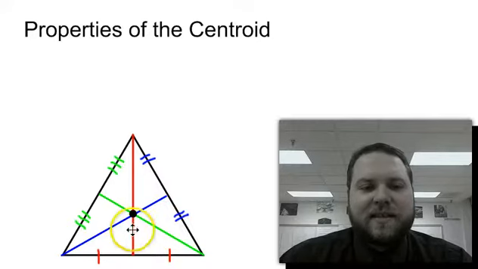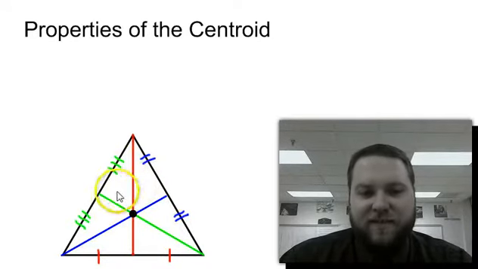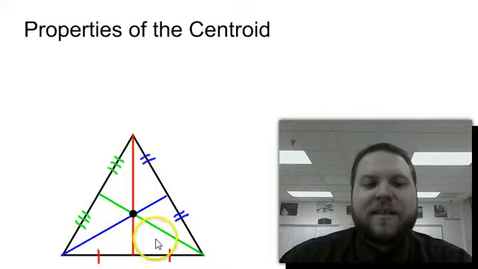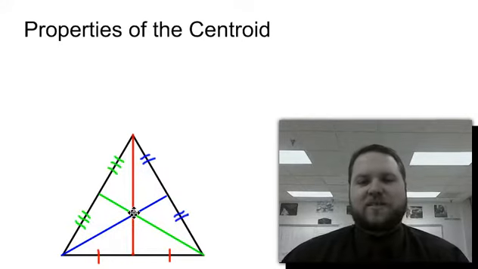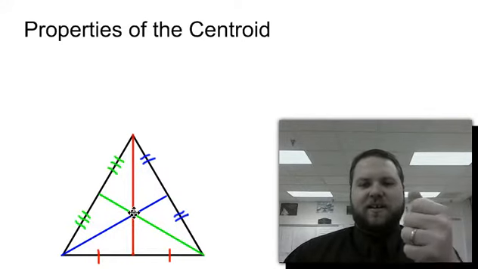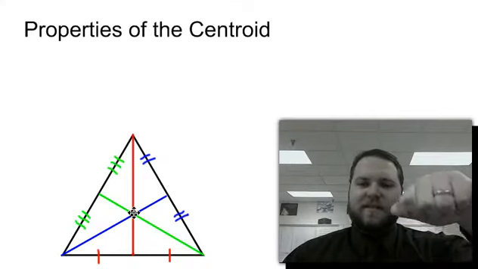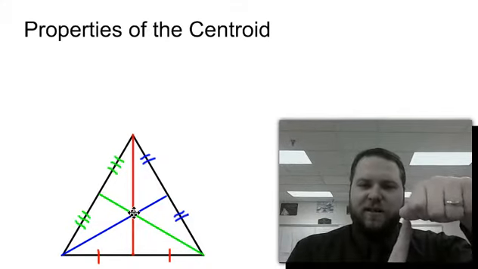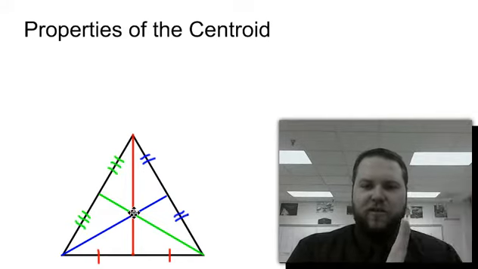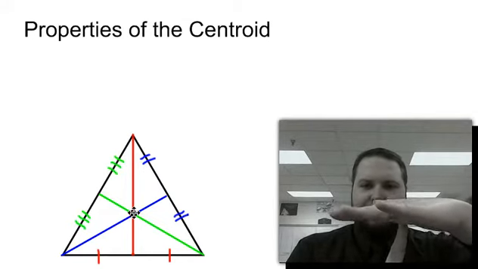That means that all points around the centroid are going to have the same weight, and the triangle is going to balance itself out at the centroid. So imagine I physically have this triangle in my hand. I could turn it sideways where it's laying flat like this, and if I were to put my finger on the centroid and just let go, the triangle would balance there perfectly.